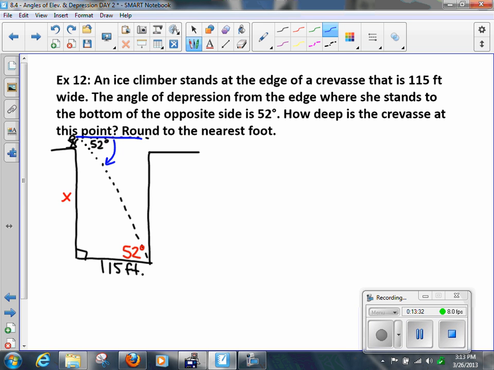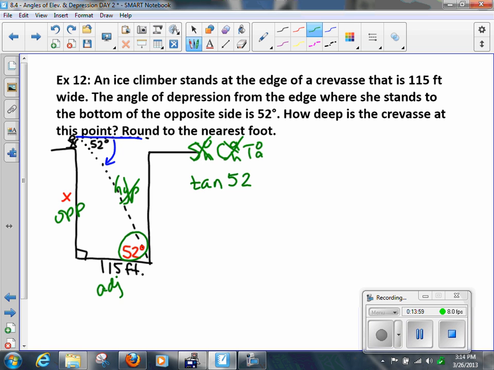Now, how deep, I want to know how tall that cliff is, if you will. And I'm going to go about this the same way I go about all of them. Circle, label, and eliminate. What do I know nothing about? I don't know anything about the hypotenuse, so that means some old horse called a horse taking oats away. I have to use tangent of 52. What's the opposite over adjacent?